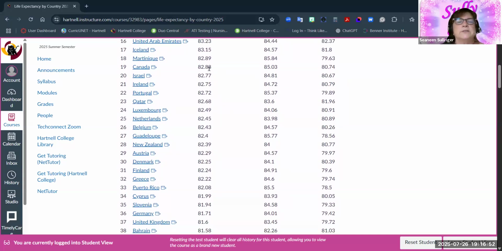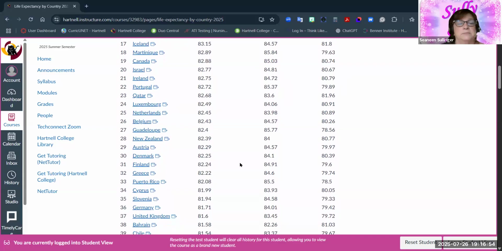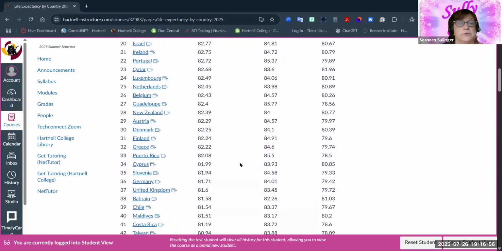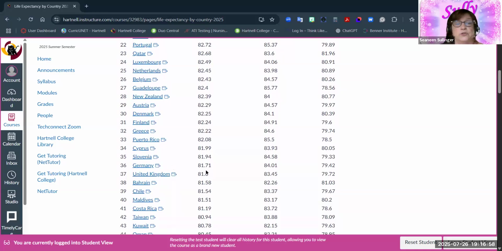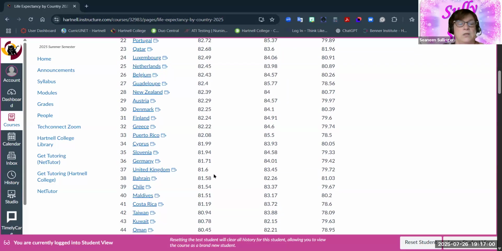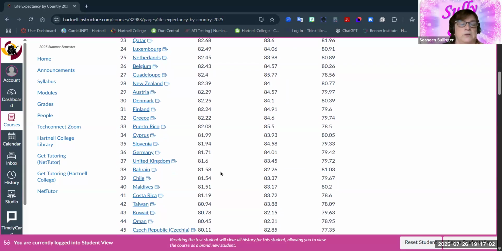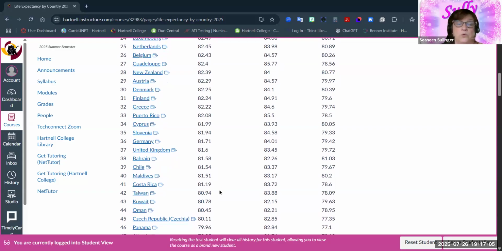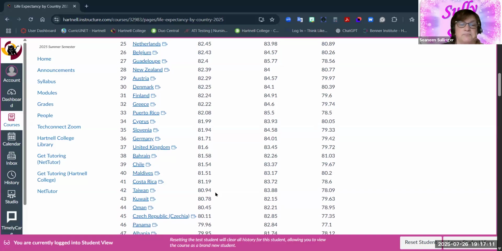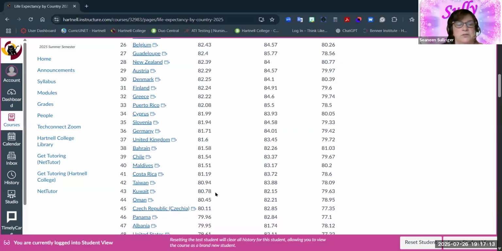Where was Canada? 82 for Canada. New Zealand, Austria, Denmark, Greece, Puerto Rico, UK. So Germany and UK at 81. Bahrain at 81 years old. Taiwan, who has a good health system, apparently, according to statistics, 80, let's say 81. I still haven't seen the United States.